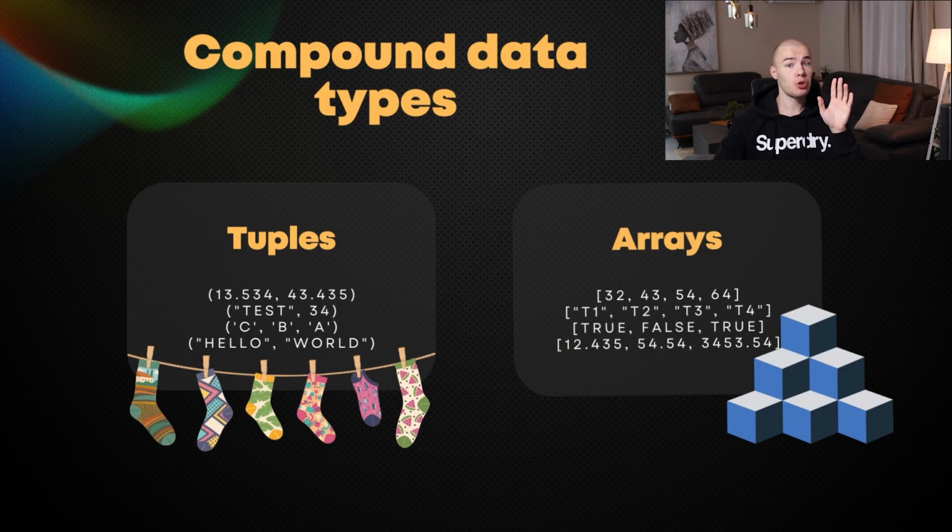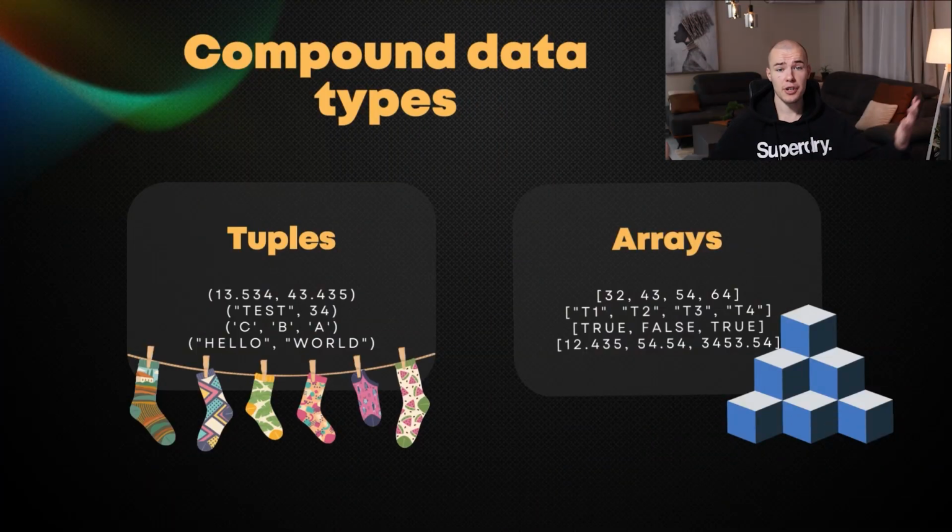Tuples are your go-to type for grouping together sets of values that are all of scalar types, and they do not have to be of the same type. You can put together integers and characters and booleans inside of a single tuple and then have access to all of those different things from the same variable.